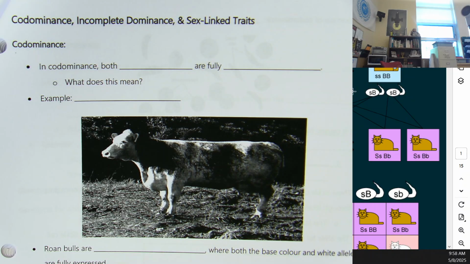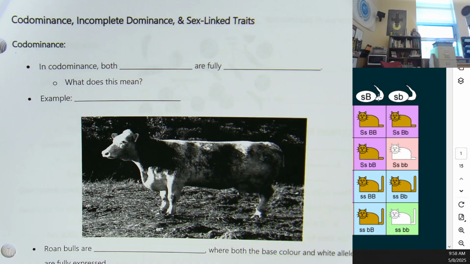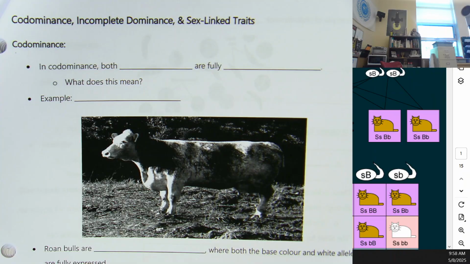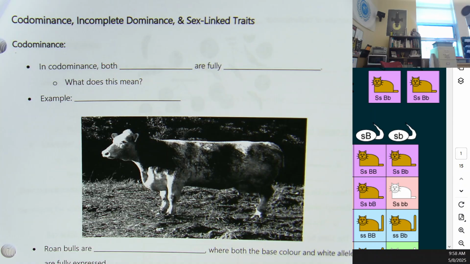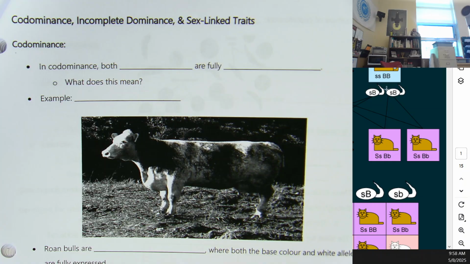What if it's not homozygous, like these two traits aren't homozygous? What if we get heterozygous instead? What if brown could also be big B, little b? So what if I have big B, little b, and big B, little b?